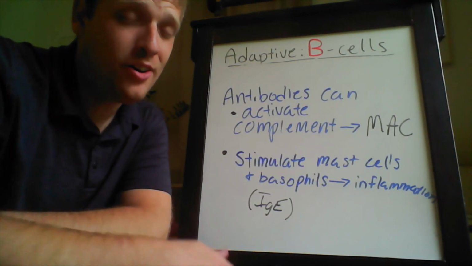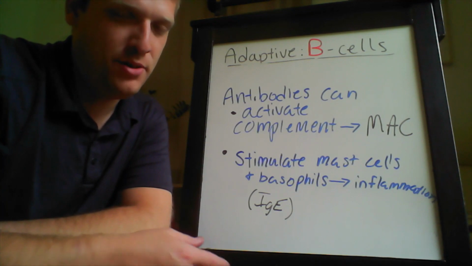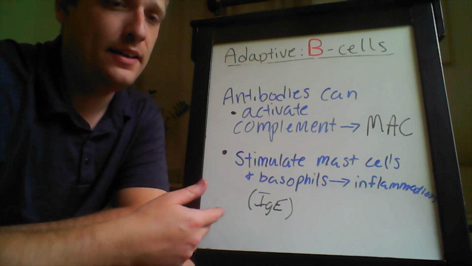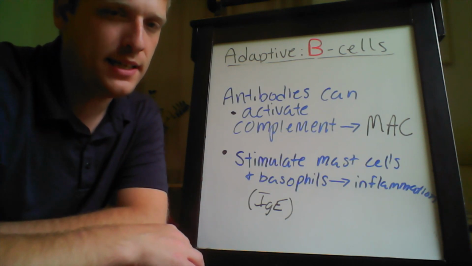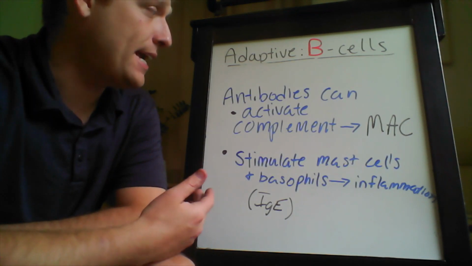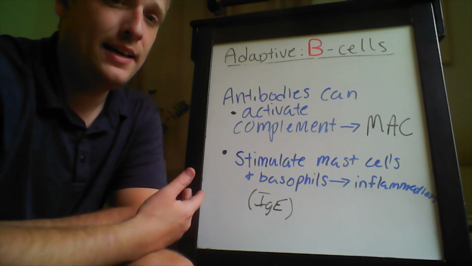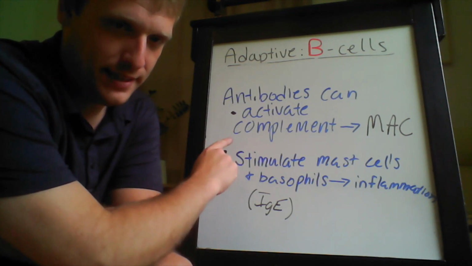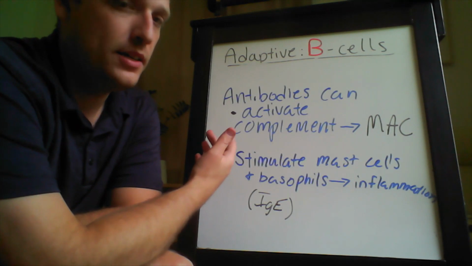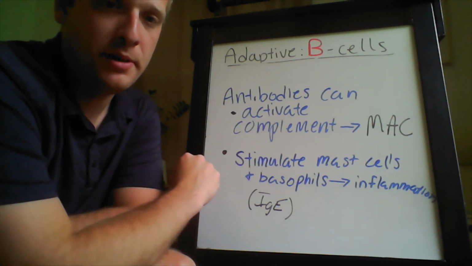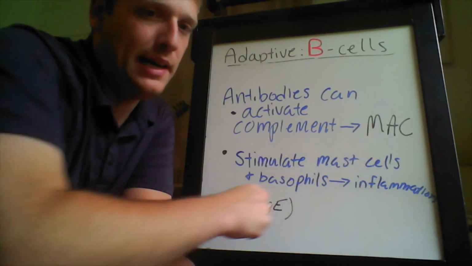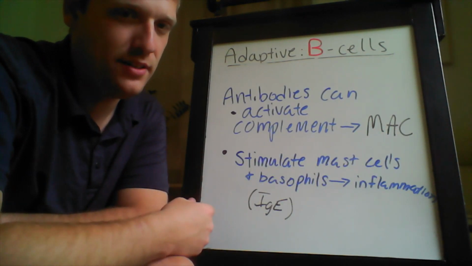Lastly, antibodies can also activate the innate immune system. So again, the innate and the adaptive immune system don't exist in isolation. They can cooperate with one another. This is the case when certain antibodies can activate the complement system, which, again, the ultimate goal of the complement system is going to be to activate complement proteins and in turn activate the membrane attack complex that's going to end up killing pathogens.